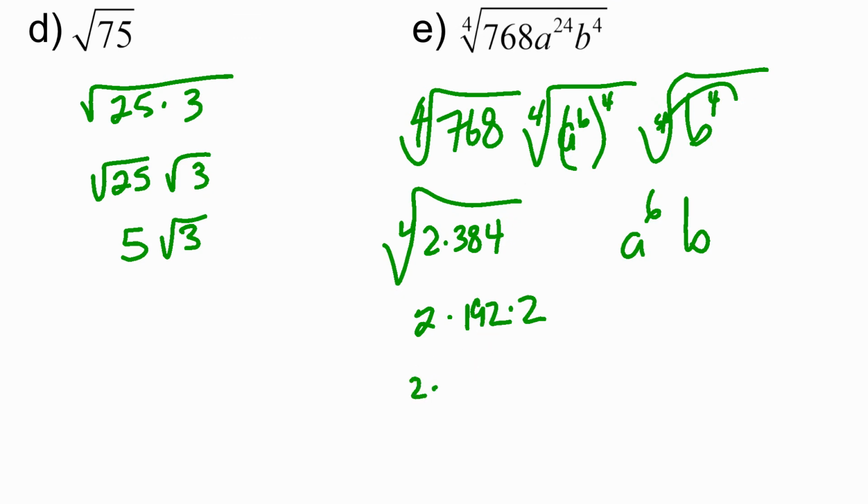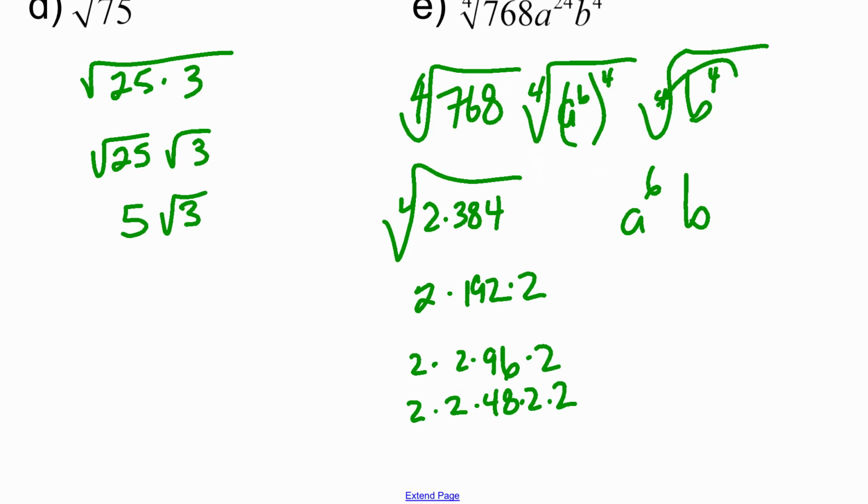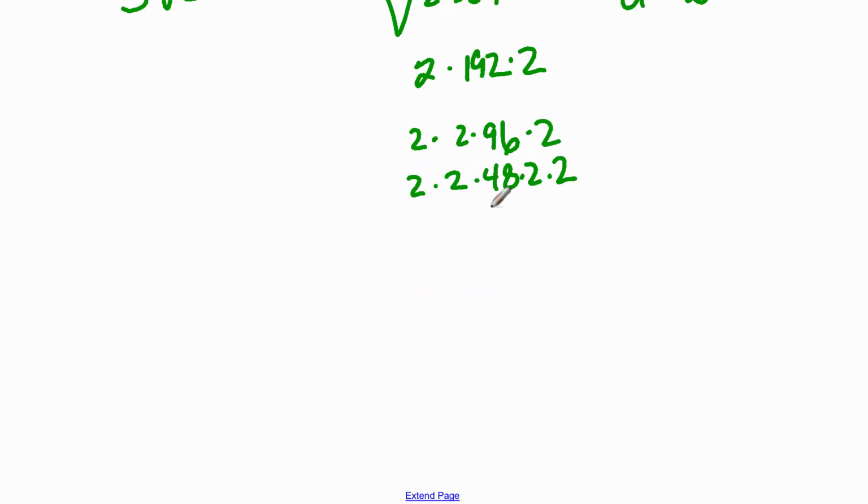So 192 is 2 times 96. And then 96 is 48 times 2 times 2. Hopefully I'm getting all my 2's there good. And then 48 is 16 times 3. So 2 times 2 times 16 times 3 times those other 2's I'm going to put up front here.